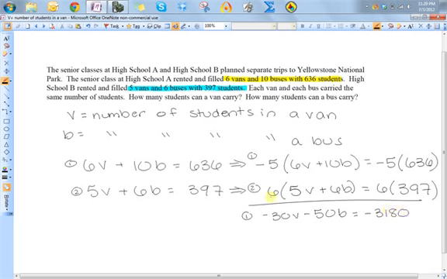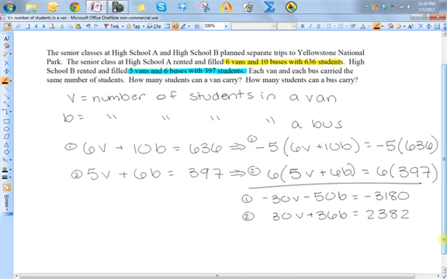Okay, now let's do equation number 2. If I distribute the 6, I'm going to get 30v plus 36b equals 2,382.